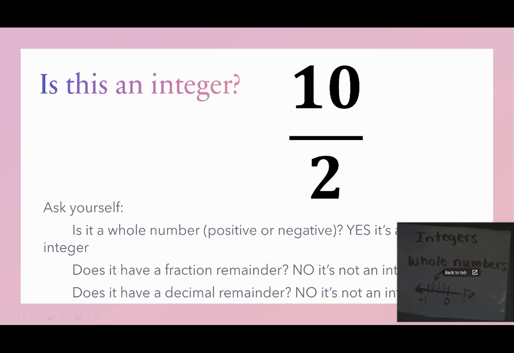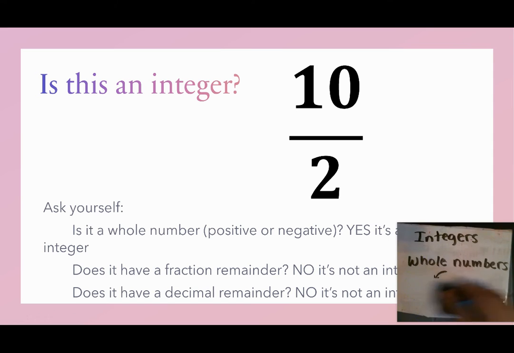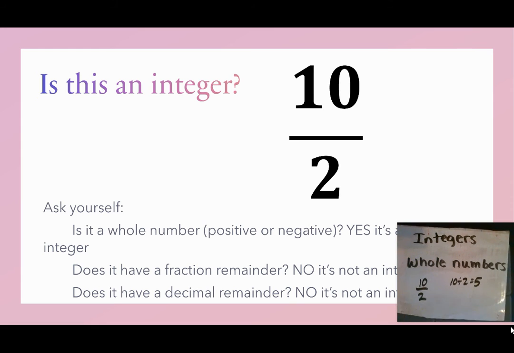All right, we have 10/2. 10/2's a little bit tricky. It is a whole number. 10/2, or 10 divided by 2, equals 5. 5 is an integer. If I had 5 candy bars and I split them each in half, I'd still have 5 candy bars.